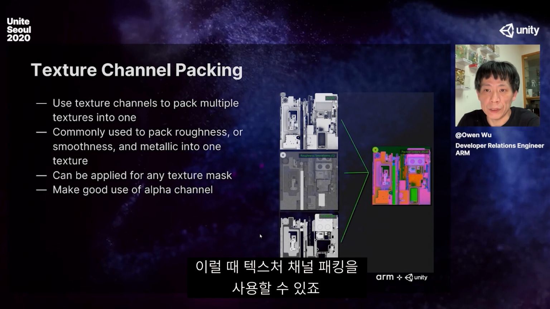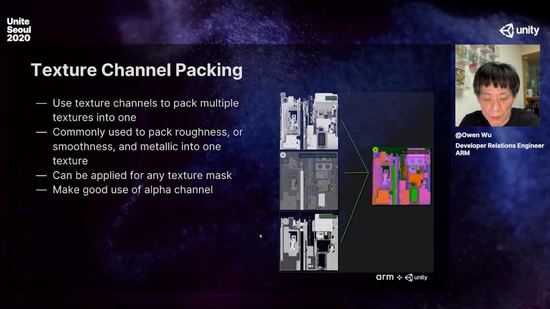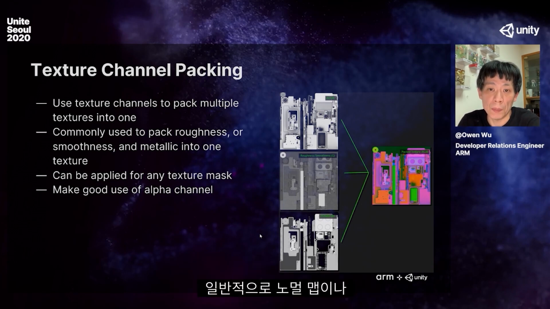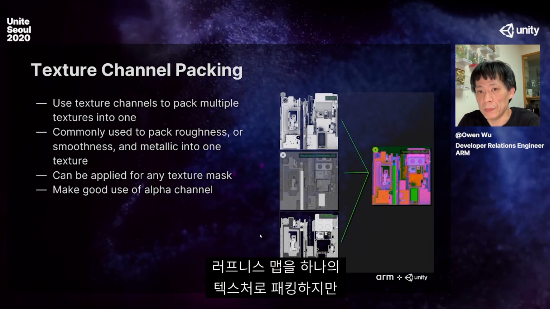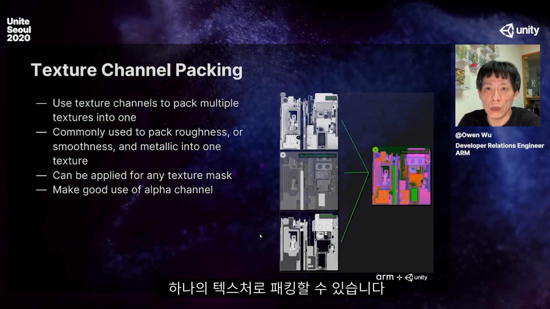So that's why we can use texture channel packing to improve the performance and also save the memory bandwidth. And it is common to pack things like normal maps and roughness maps into one texture, but you actually can pack any kind of texture mask into one texture.